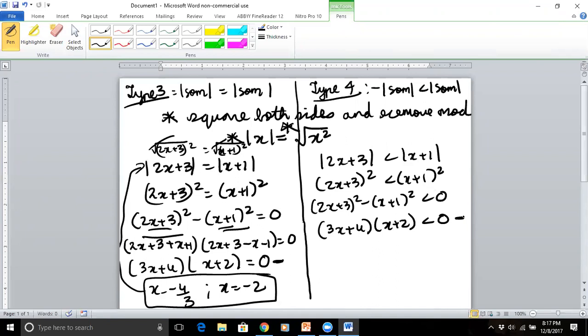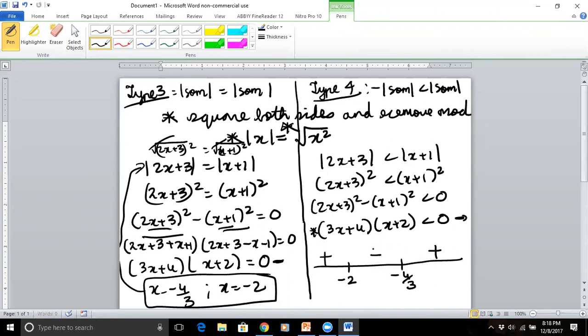And we just discussed this previously. This here is a quadratic inequality. So how do I solve this quadratic inequality? I'm going to place the number line. I'm going to put the roots on the number line. The roots are minus 2 and minus 4 by 3. I'm going to start from the extreme rightmost region, place this as positive, and then switch between the signs.